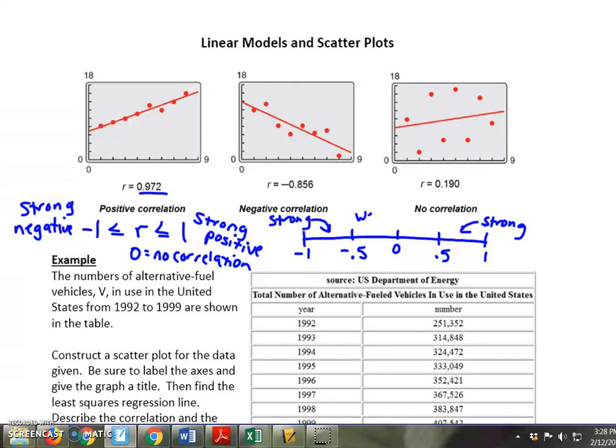And those close to 0 would be weak or no correlation. The closer it gets to 0, the closer it gets to no correlation.